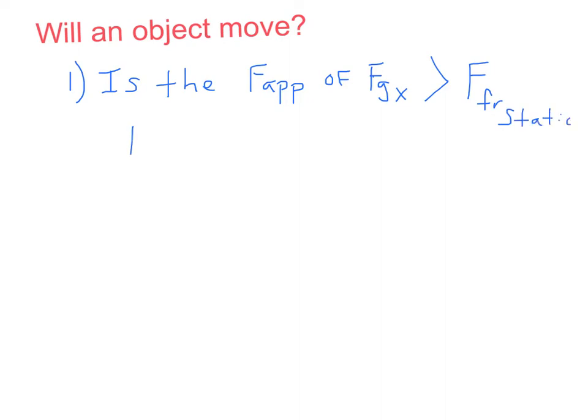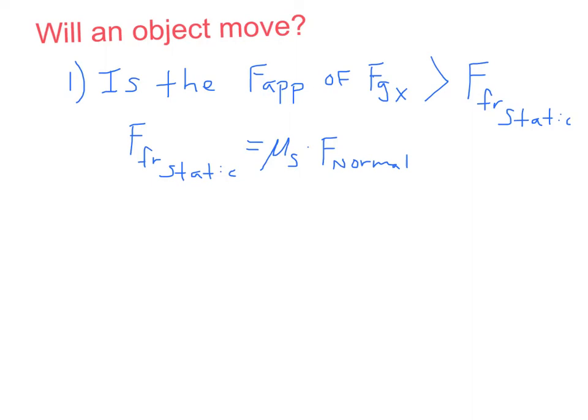And so what you have to do is compute that. So the maximum force of friction static is the coefficient of static friction times your normal force. And so if this is greater than your applied force or the force of gravity in the x direction, then it will not move.